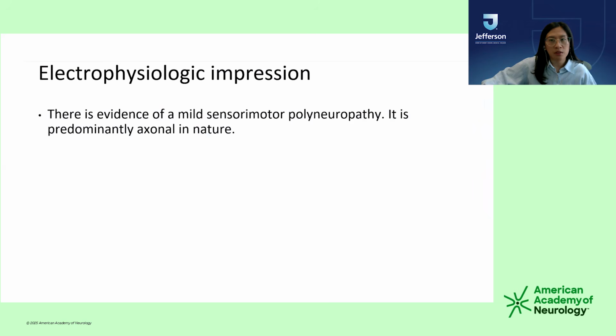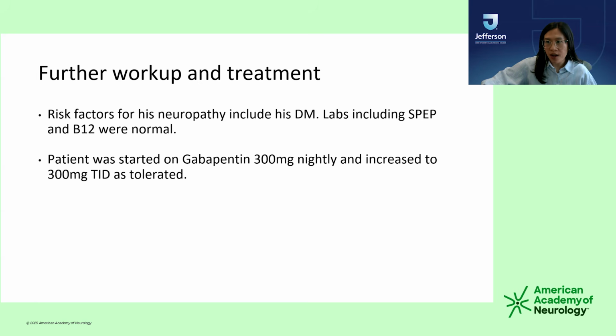Based on his presentation and his EMG, this is a mild sensory motor polyneuropathy. There are no demyelinating features. It's predominantly axonal. His risk factor is definitely his diabetes. We did send off our other tier 1 labs, SPEP and B12.